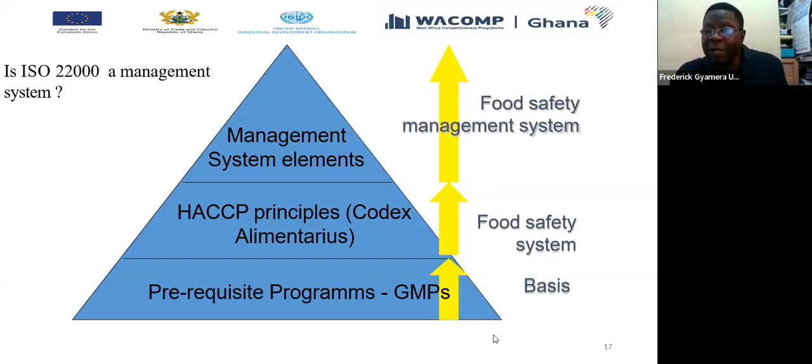So that is how we start from the base, you move through the food safety system based on the hazard principle, and you move up into the food safety management system, which will encompass some elements of ISO 9000, general principles in terms of quality management issues, together with food safety concerns, so that you address the food safety aspects, and then it will facilitate trade because you are meeting all the requirements that will enhance the sales and acceptability of your final product.